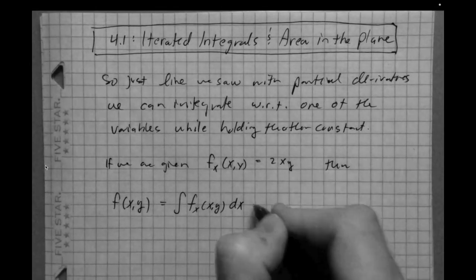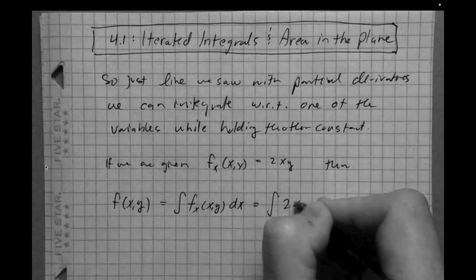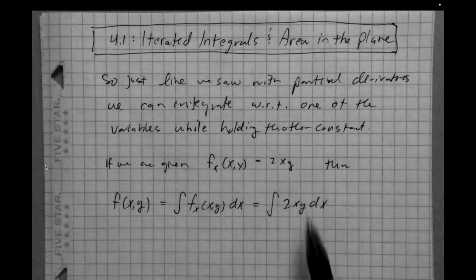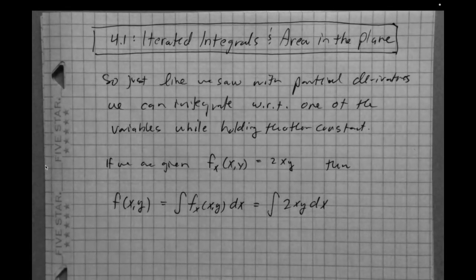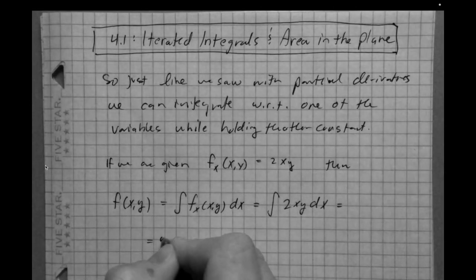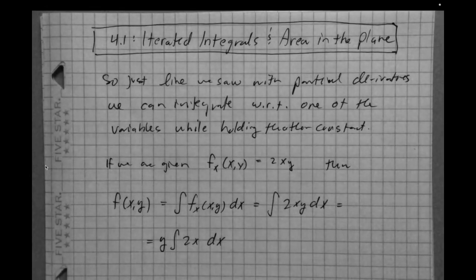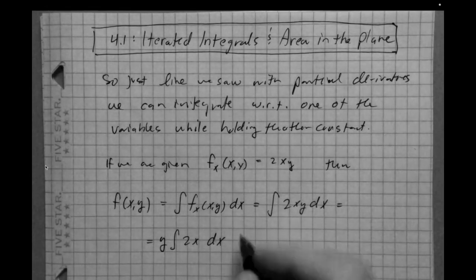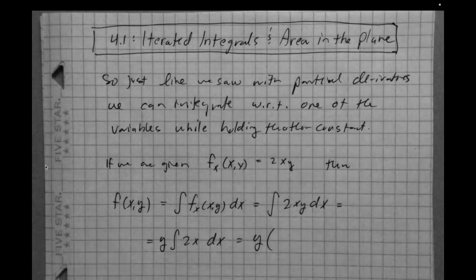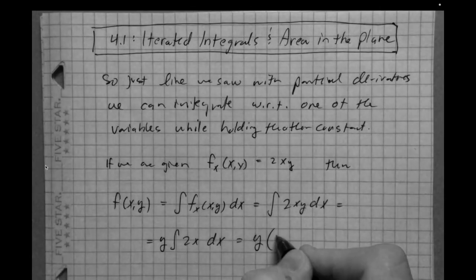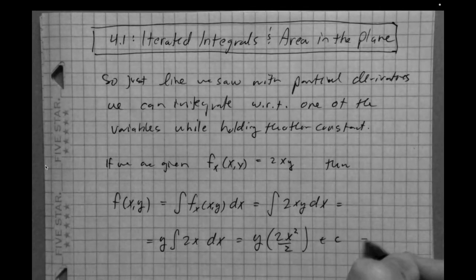We can do that easily here: the integral of 2xy dx. Remember, y in this setting is considered a constant, so we can pull it outside of the integral to make that plain. We could also pull the 2 out. This is equal to y times 2x squared over 2, plus some constant.